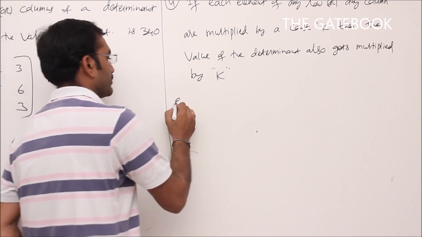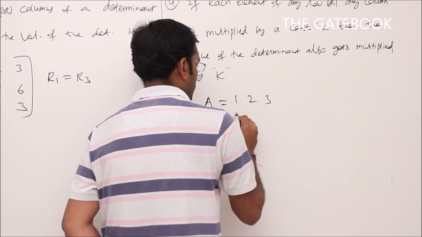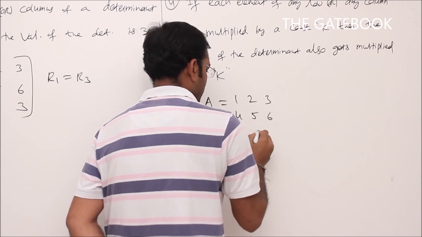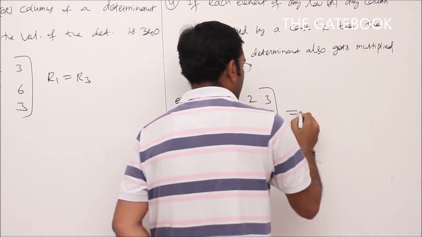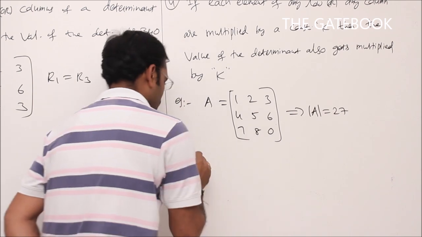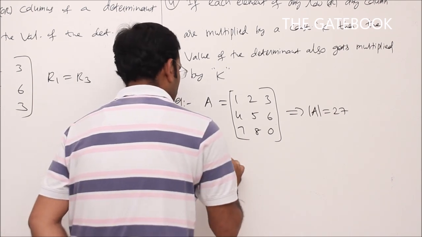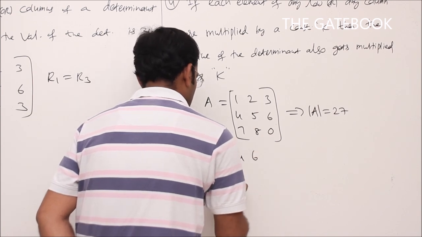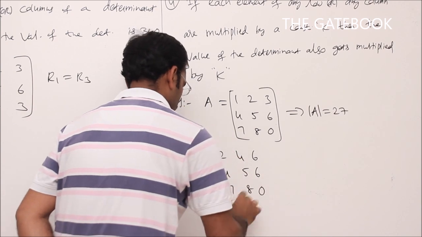For example, we have A is equal to 1, 2, 3, 4, 5, 6, 7, 8, 0. Taking same example, already we know that determinant of this matrix is 27. Now I will consider another matrix B like this: 2, 4, 6, 4, 5, 6, 7, 8, 0.